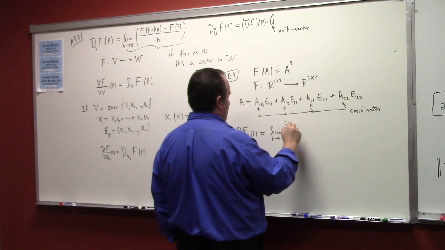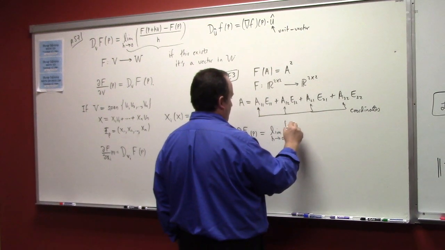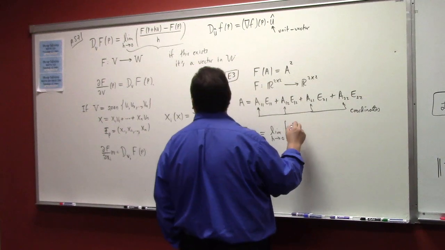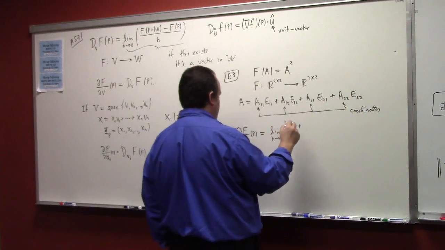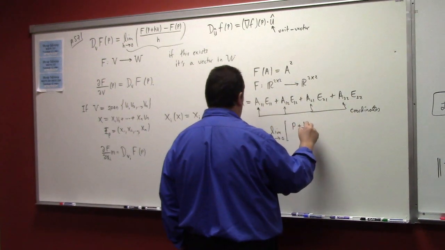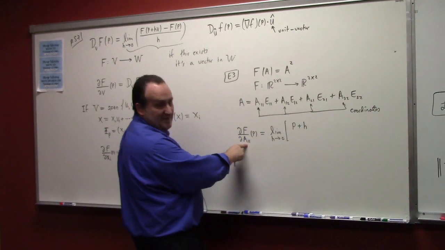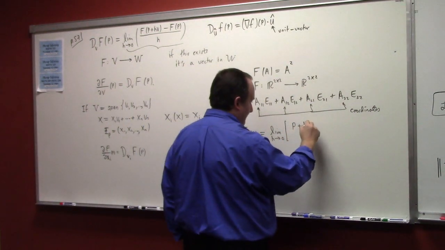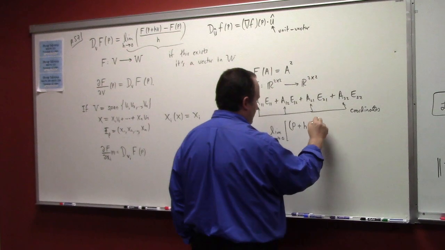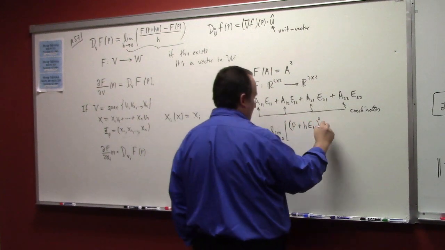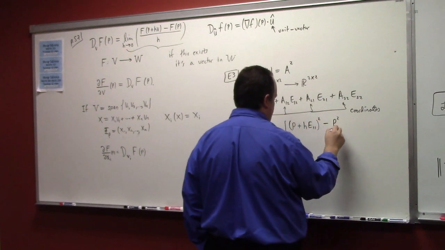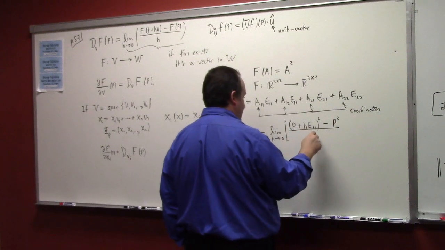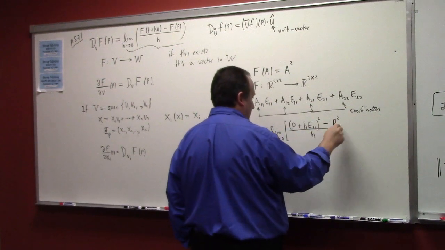I'm supposed to do P plus hV, which would be h, let's see here, the basis corresponds, that's E11. I'm supposed to square that, because that's my map, and subtract P squared from that, and divide by h.